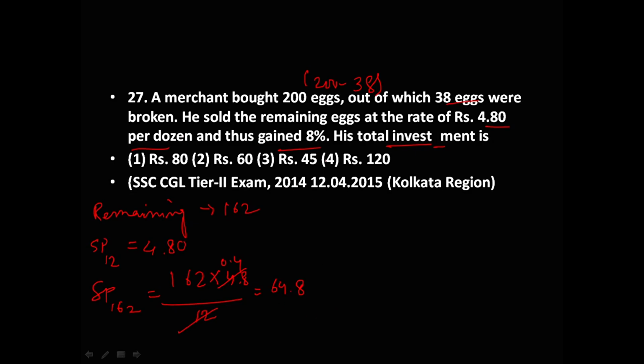It was given that the profit percentage is 8%. So the total investment would be 64.8 into 100 by 108, as this is the SP and you have to get the CP. So it's actually 60. 60 will be the answer. Clear? Moving to the next one now.